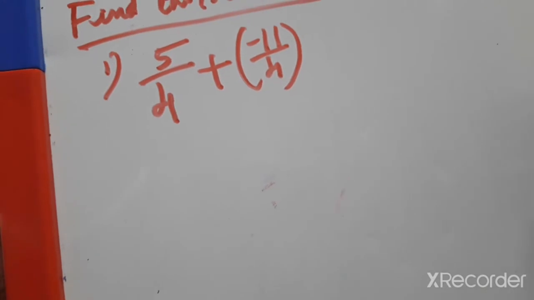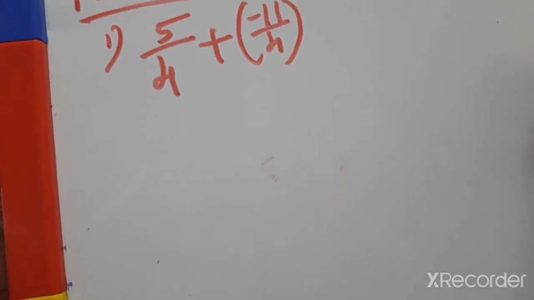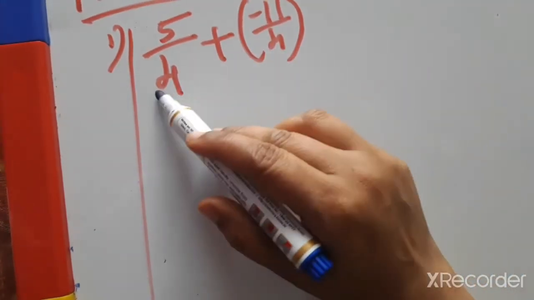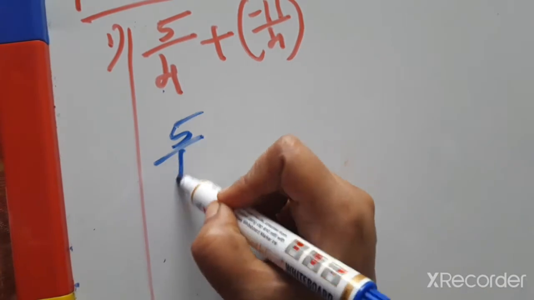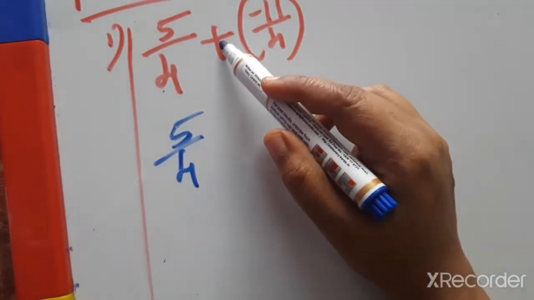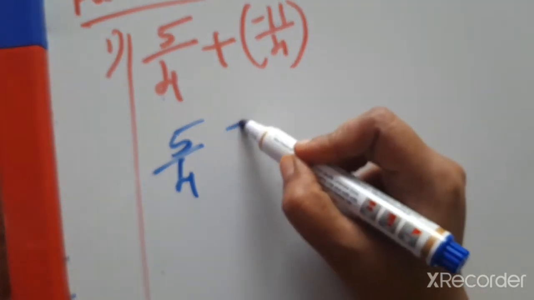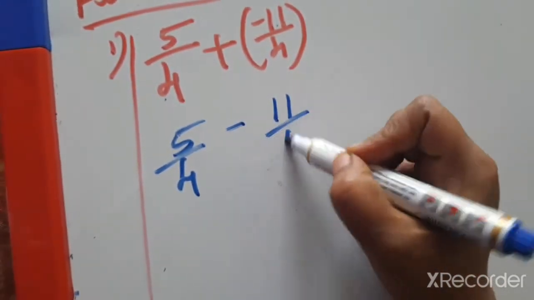Now exercise 9.2. Find the sum: 5 by 4 plus minus 11 by 4. Simplify the signs. Plus into minus becomes minus, so 5 by 4 minus 11 by 4.